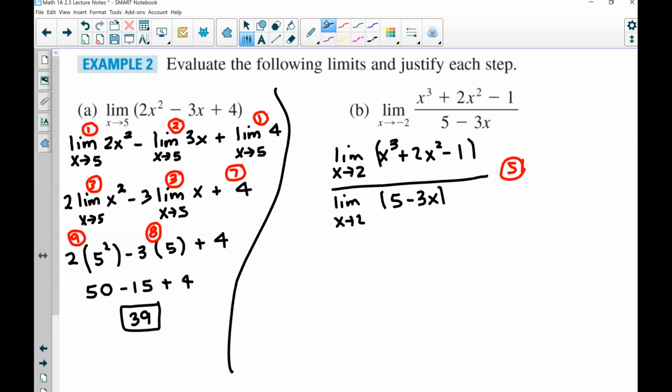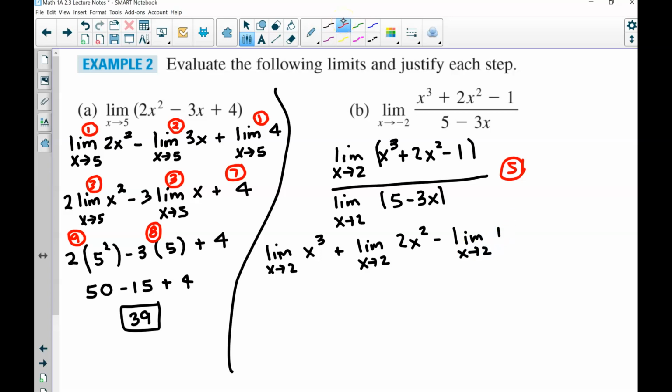Okay, so now we're going to expand the numerator. So we have the limit as x approaches 2 of x cubed plus the limit as x approaches 2 of 2x squared minus the limit as x approaches 2 of 1.